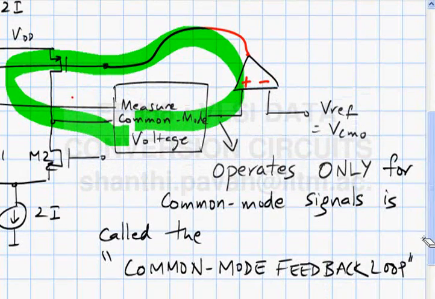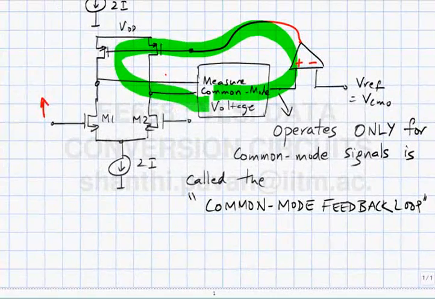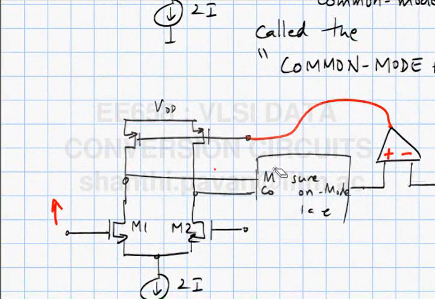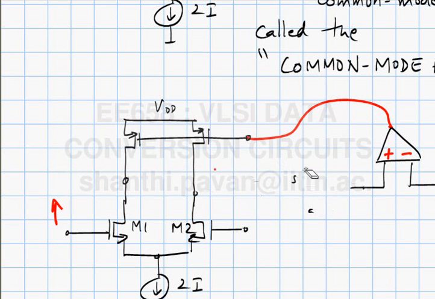The last thing that I need to discuss is how will I measure the common mode. One simple idea is, as I said, the output common mode is simply the average of the two output voltages.